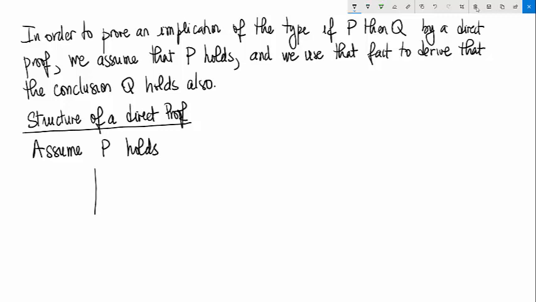So you write a variety of statements, whatever it is. This is where your creativity comes into play. This is where the work is, and then you connect the hypothesis directly to the conclusion. So in the end, you'll have something like therefore Q holds. Whatever direct proof you're writing, it always has this format. Okay, so let's look at a specific example.